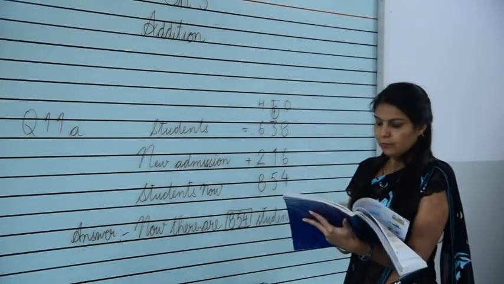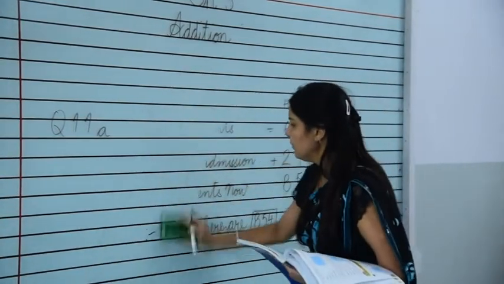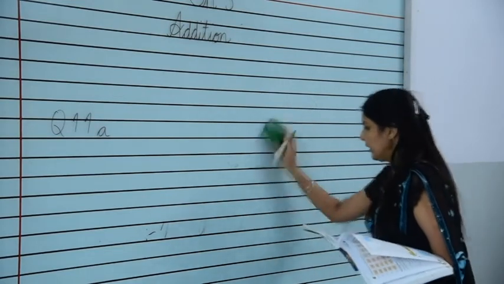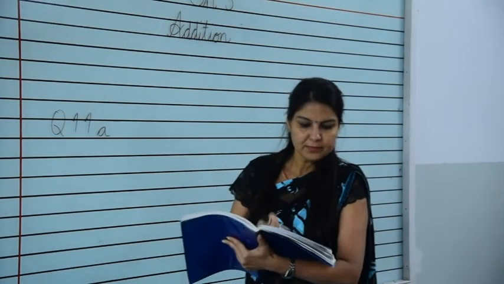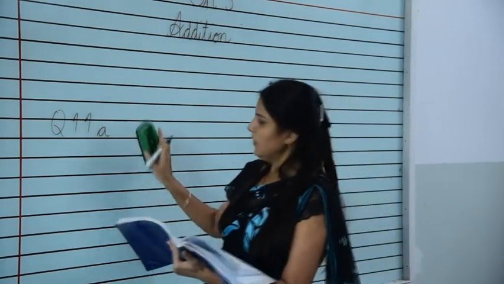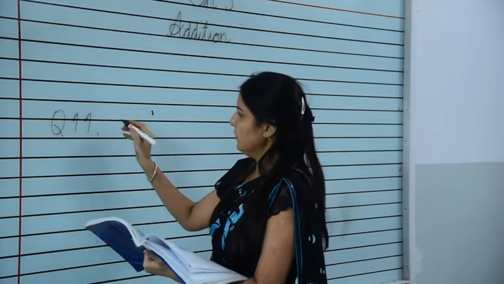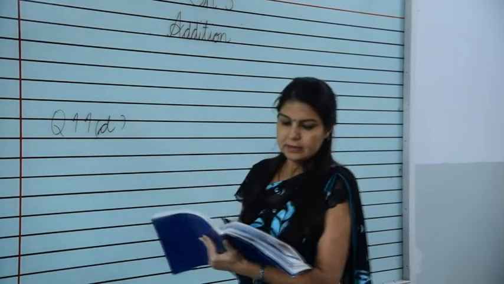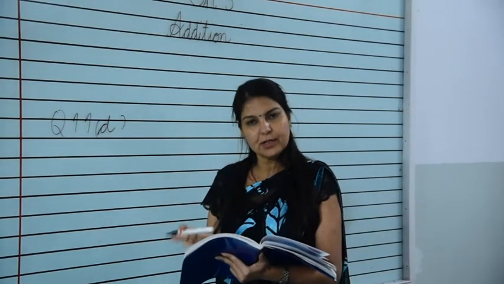Now, let's see one more question. This is on page number 62. Question number D. This is also part of question 11. So, read the statement now. And in a fair there were 228 men and 214 women and 315 children.